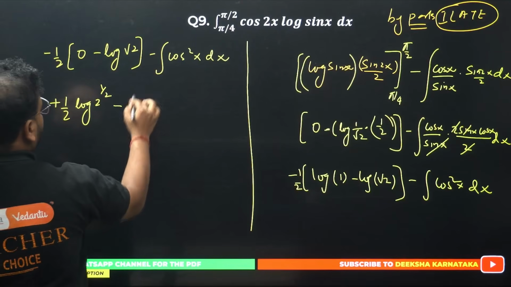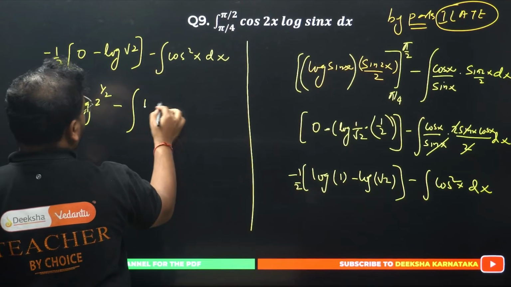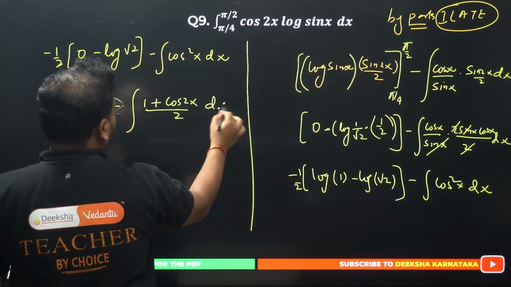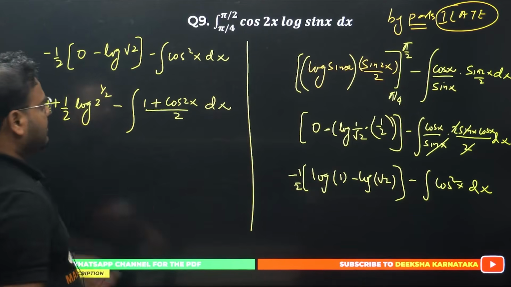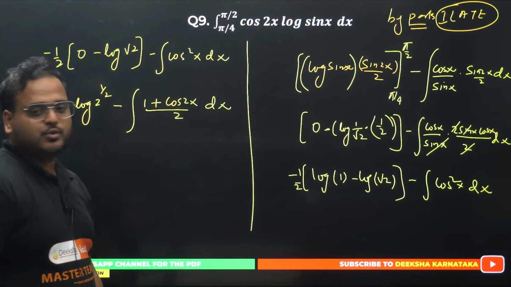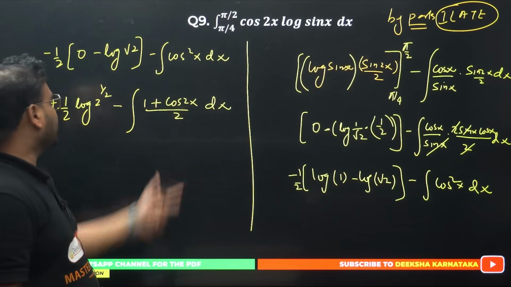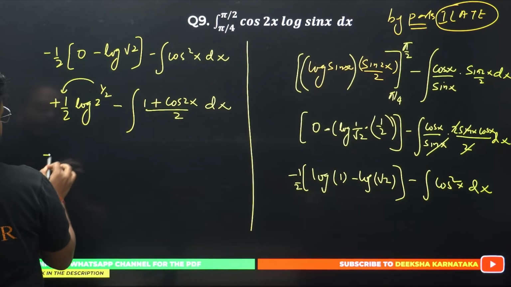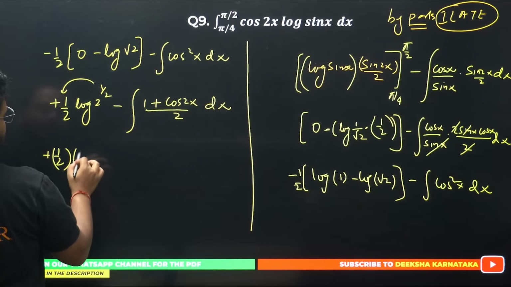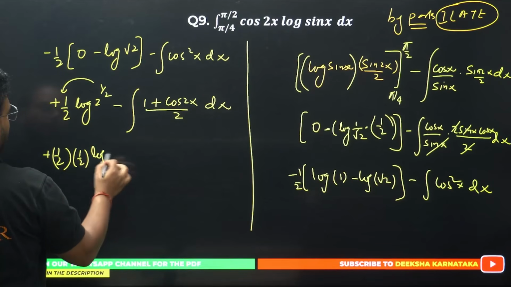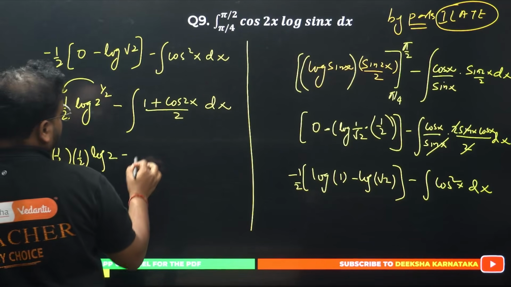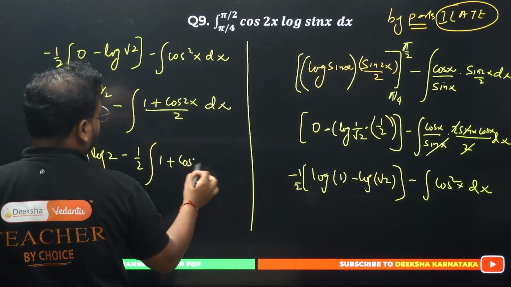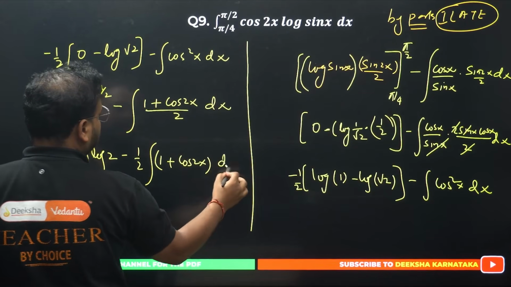This will be minus integral of 1 plus cos 2x by 2 dx. Cos square is nothing but 1 plus cos 2x by 2. This 1 by 2 will come in the front. It will become plus 1 by 2 into 1 by 2 log 2 minus 1 by 2, a constant, keeping outside, integral of 1 plus cos 2x dx.